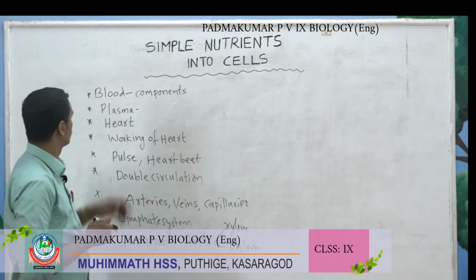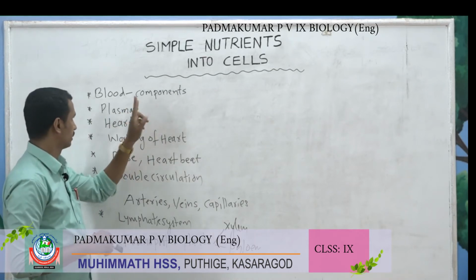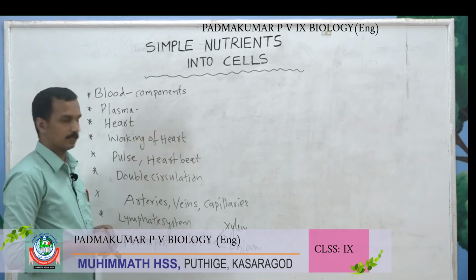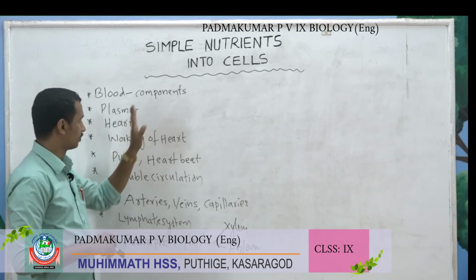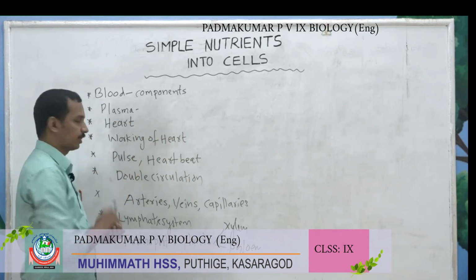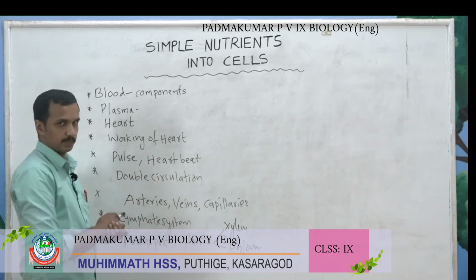Just go through this. First you have to study about blood. Components of blood are there. Then what is plasma? Then components of plasma. Role of plasma is also included here. Then structure of human heart, working of heart. Then what is pulse? Then heartbeat.